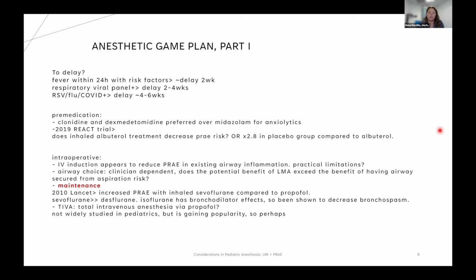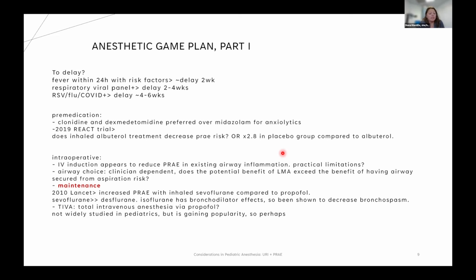And the other interesting note is that usually midazolam, the benzo, is usually held for anxiolytic purposes because it increases the reactivity of the airway. Moving on to intraoperatively, do we see something different in our anesthetic plan intraoperatively?